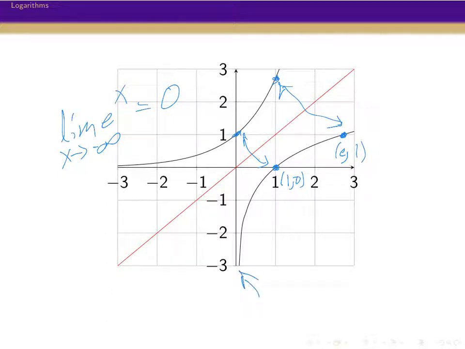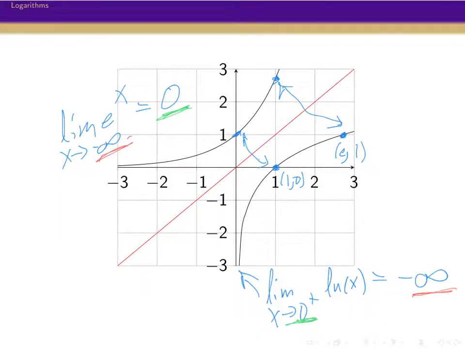And so the flip of this is that the limit as x goes to 0 from the right of ln of x is equal to minus infinity. We have these flips here: the value of the limit gets flipped in for the x value, and vice versa down here. Same as we saw in equations using natural log of x versus e to the x.